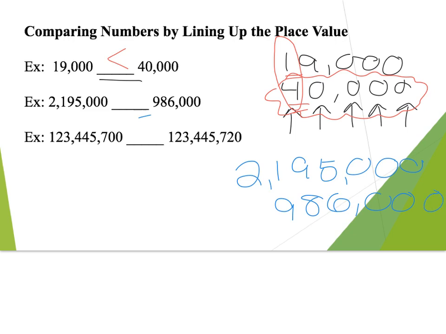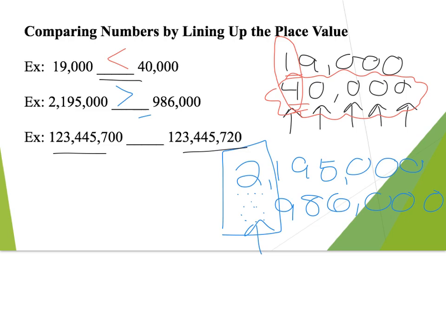Okay, now compare from left to right. You'll notice that there are 2 millions in this first number, but there are no millions here, almost like an invisible zero. So when you compare these two numbers, 2,195,000 is definitely greater than 986,000.